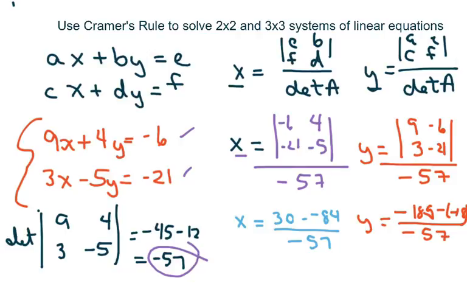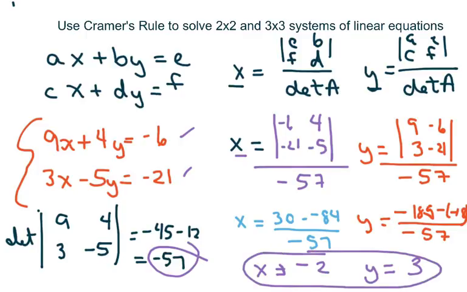And when you fix this up, you should get x equals negative 2, and y equals 3. So our solution is negative 2, 3. And you can plug those in to the original equations here and they will work.